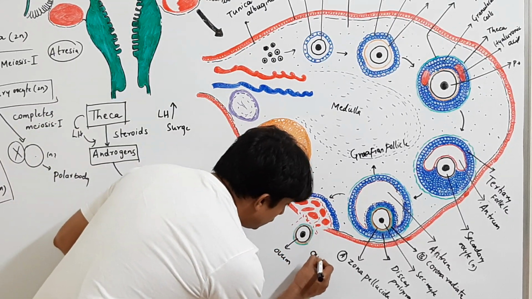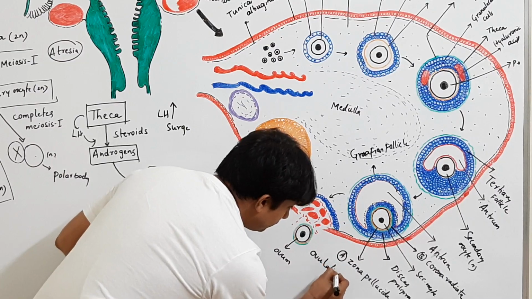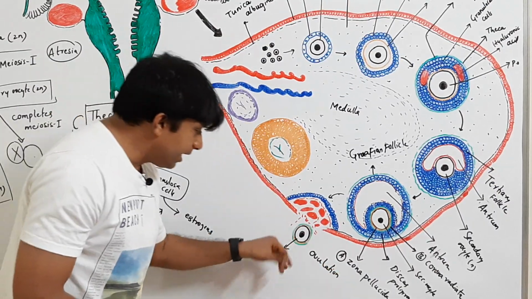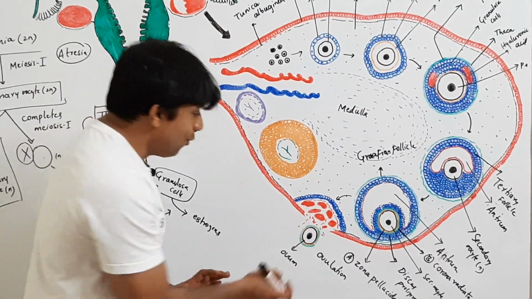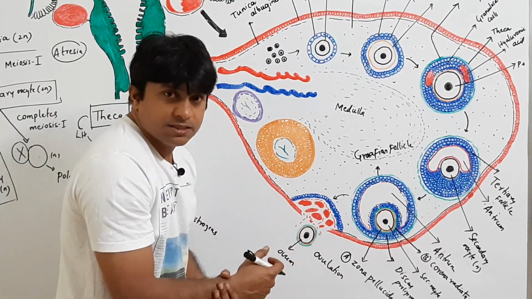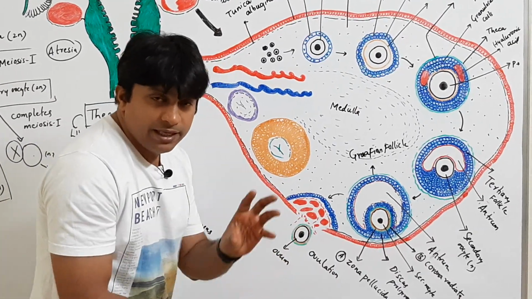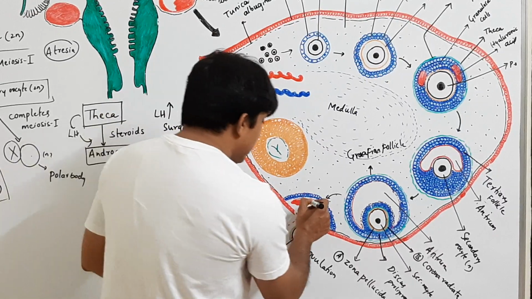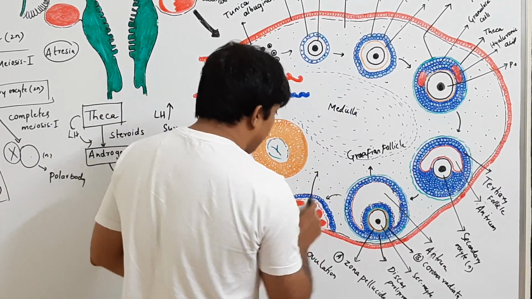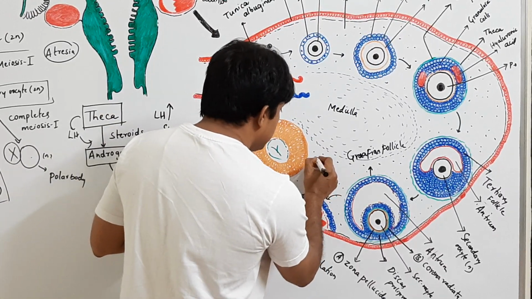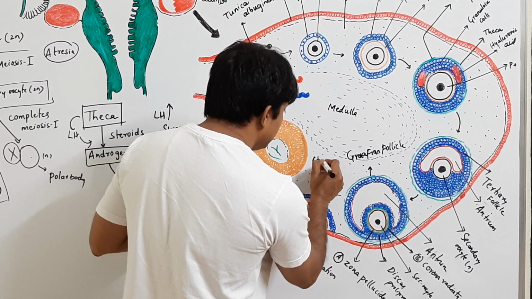and this process is called ovulation. Immediately after ovulation, the capillaries present inside the follicle will clot, resulting in the formation of corpus hemorrhagicum.